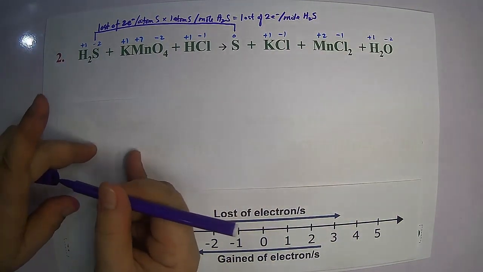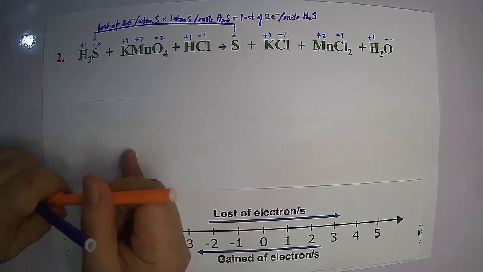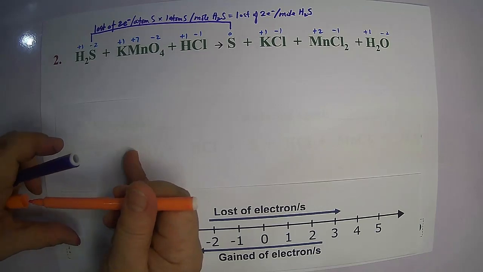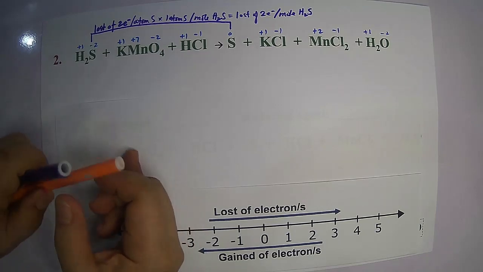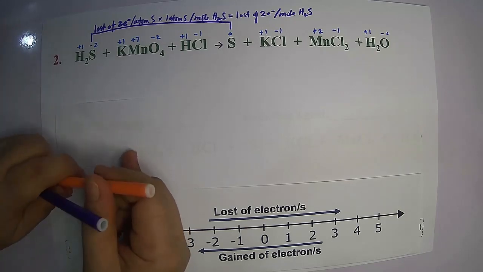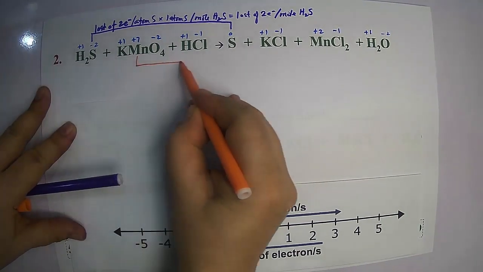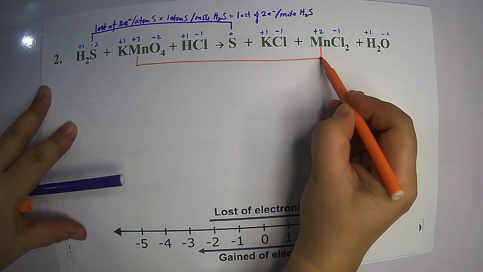Okay? Now next, we identify the other element. If there is an element that is giving electrons, there must be someone accepting the electrons being given off by sulfur. So here we have manganese from +7 to +2.